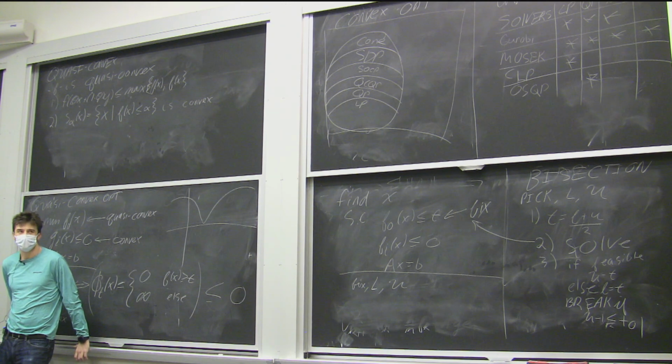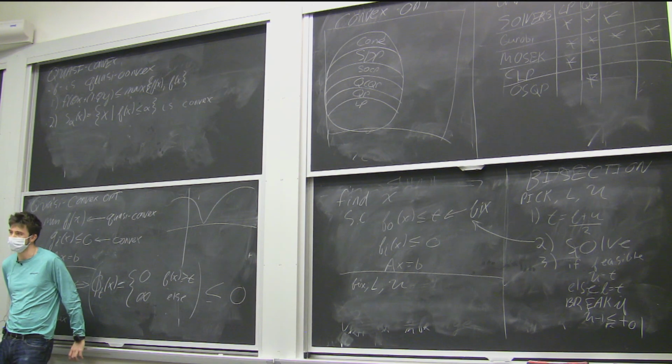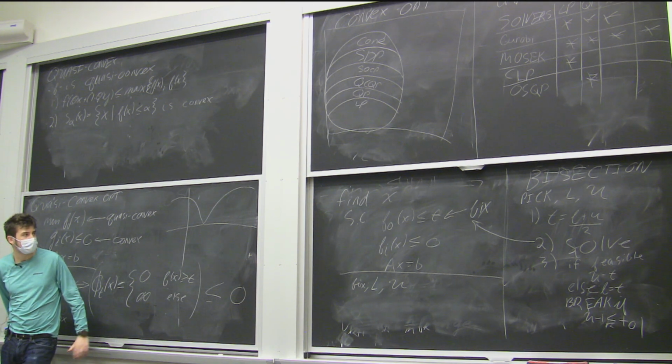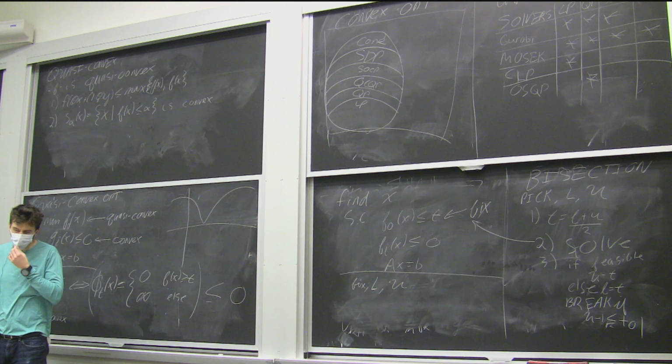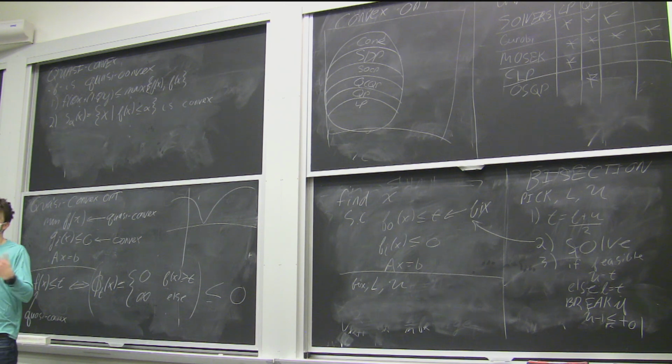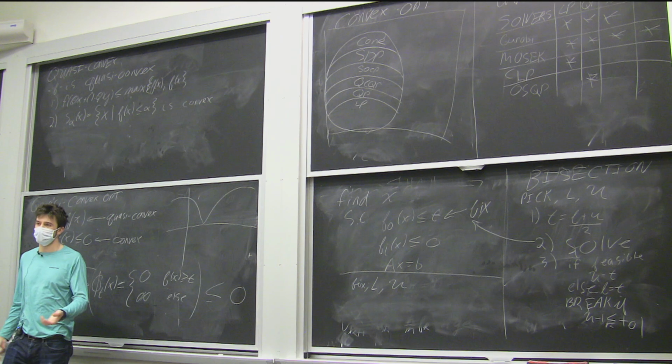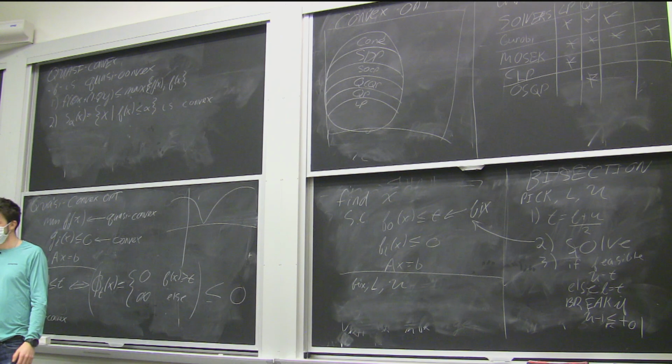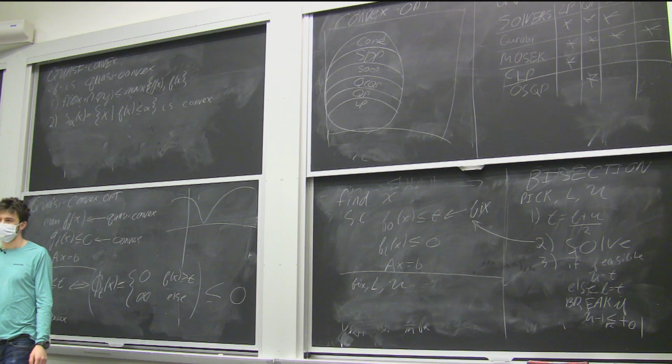So it lets you solve slightly more general objectives, slightly more general constraints, at the expense of having to solve more problems with fixed parameters and things like that. That's all I have.